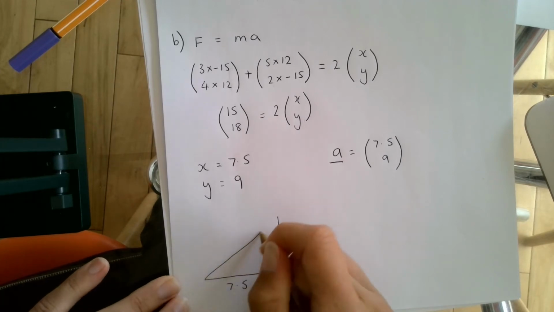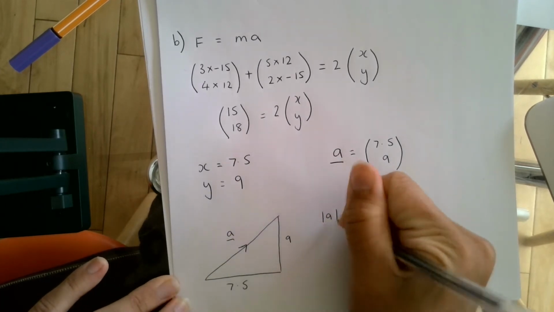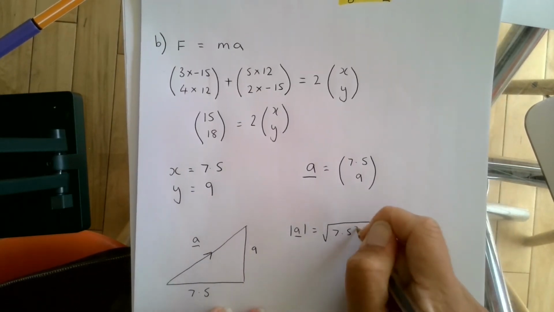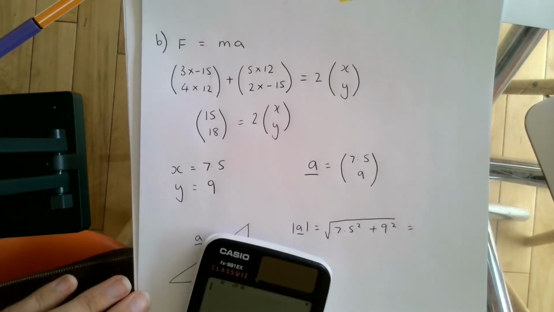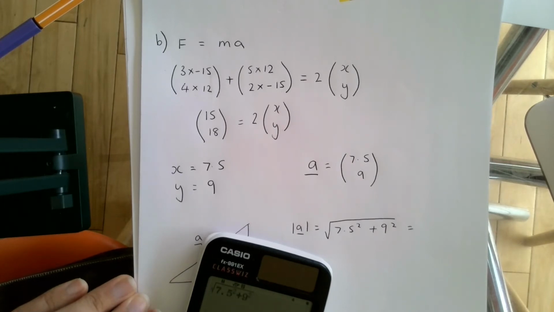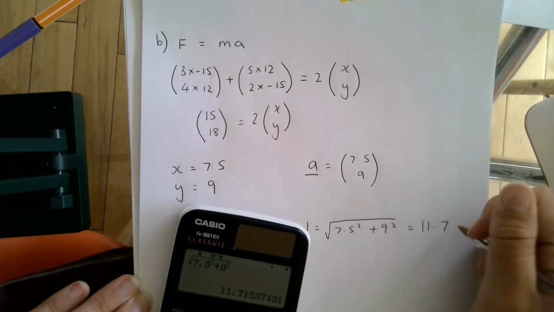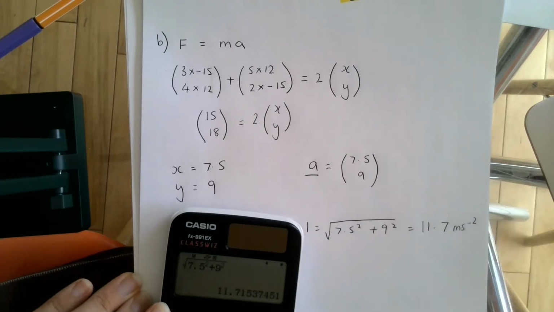So the magnitude of this acceleration vector is the square root of 7.5 squared plus 9 squared. And if we put that into our calculator, that is 11.7 meters per second squared.